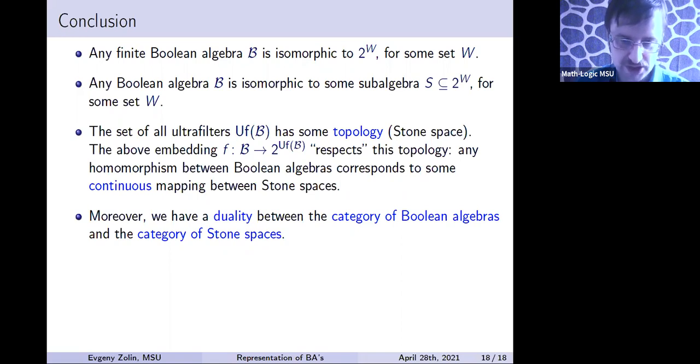So this is the category of Stone spaces. And since homomorphisms correspond to continuous mappings in the opposite direction, this is called a duality between two categories.